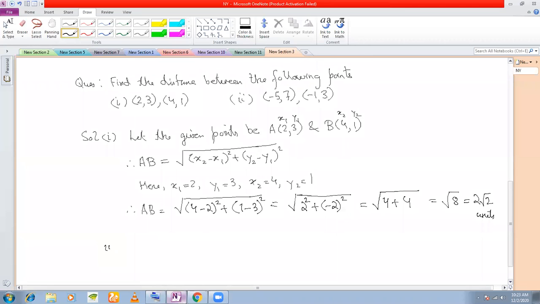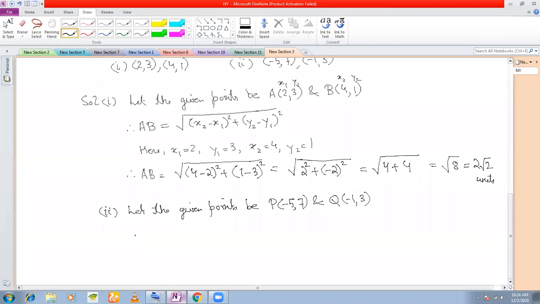Now suppose for the second one, again let the given points be P minus 5, 7 and Q minus 1, 3. So what is the distance PQ? Therefore PQ is equal to square root of x2 minus x1 whole square plus y2 minus y1 whole square.